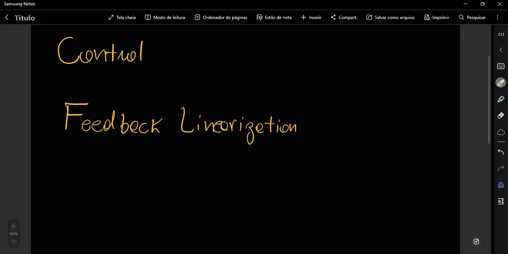I don't know if this is the correct way to pronounce these names. It has more authors collaborating with this book.